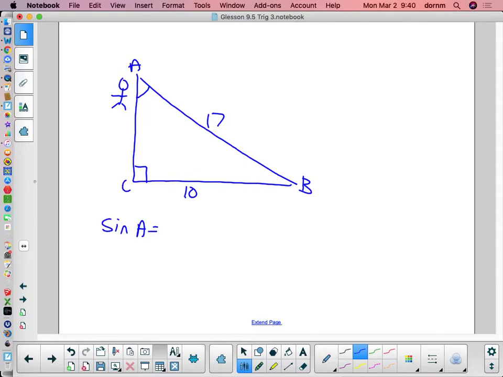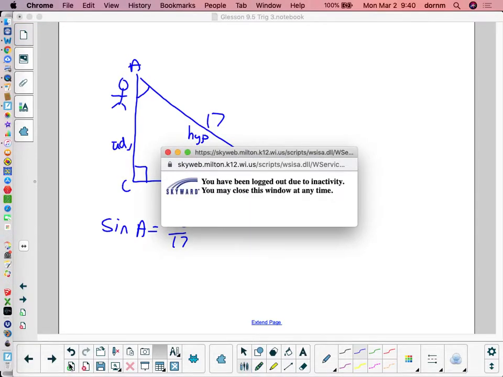Well, what is the ratio? Sine is opposite over hypotenuse. Which side is the opposite? Which side is the hypotenuse? This is the adjacent. So the sine would be 10 over 17, which then I converted to some decimal value. We did this in our homework. 10 divided by 17 said 0.5882.